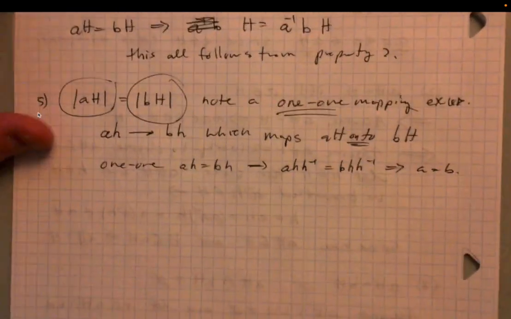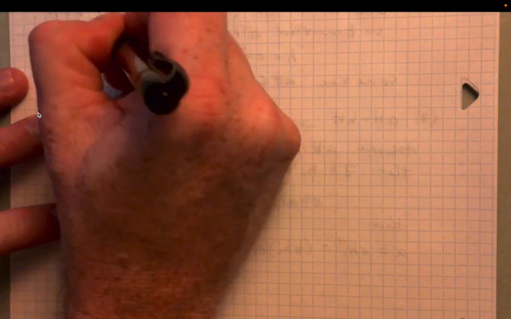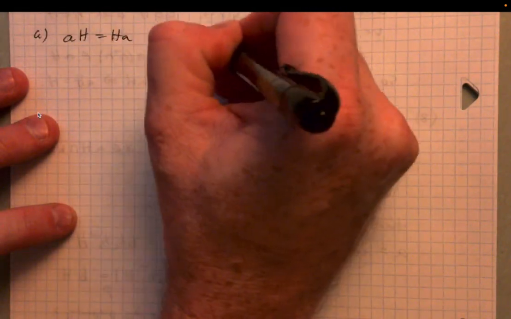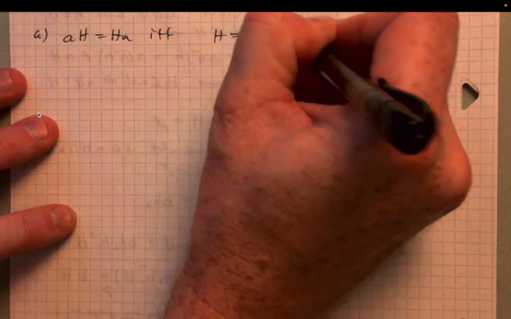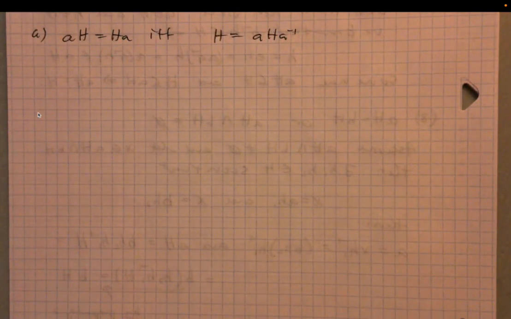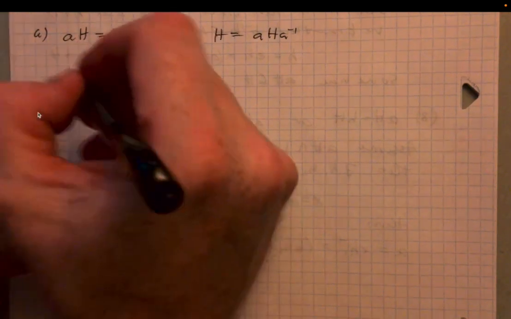Okay, how about 6? 6 says that the left and right cosets are the same if and only if H equals AH, A inverse. Right, so let's just do it this way.